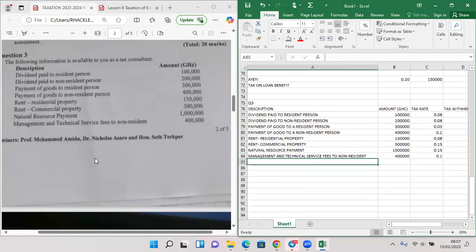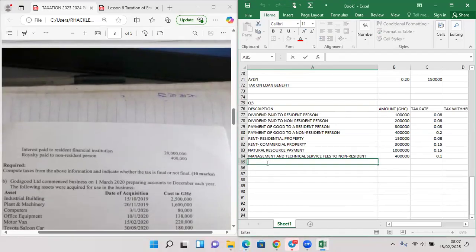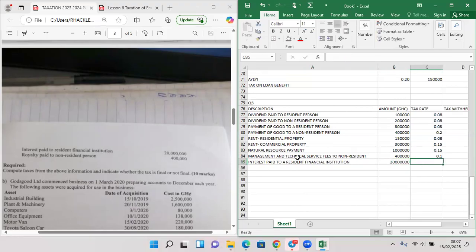Then we have interest paid to a resident financial institution. The amount is 20 million. And interest paid to resident financial institution is tax exempt. So the rate is 0. The tax withheld will automatically be 0.